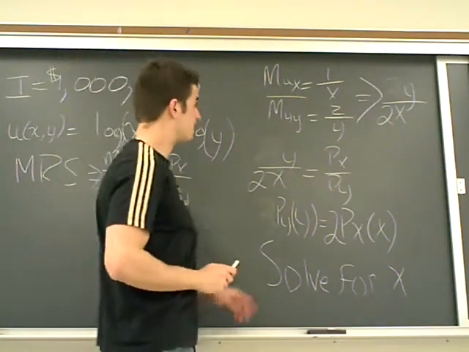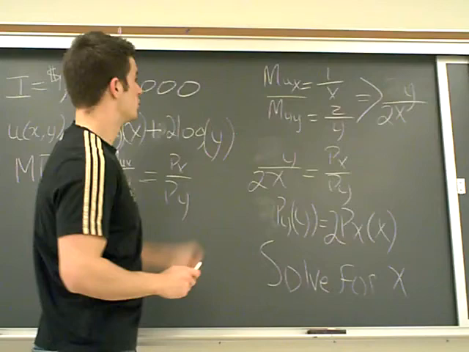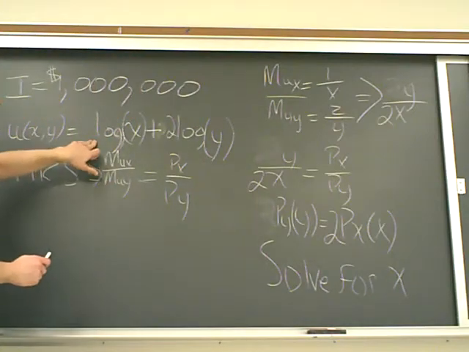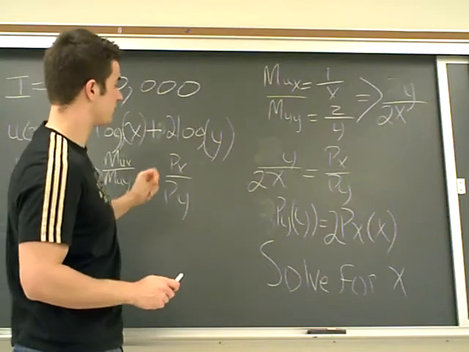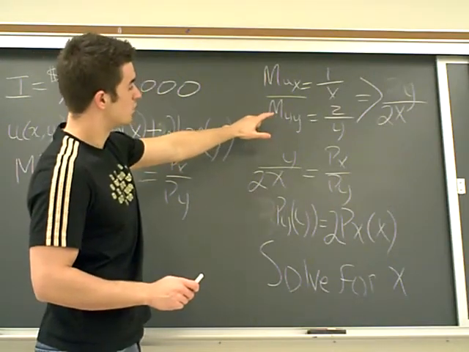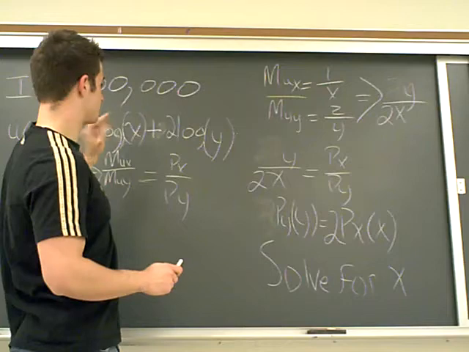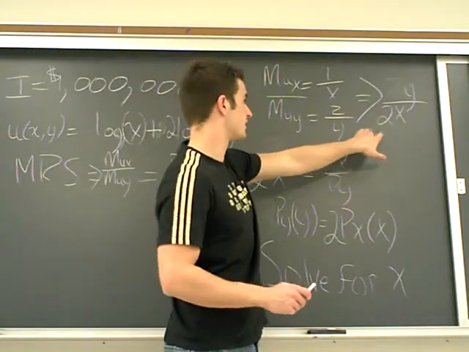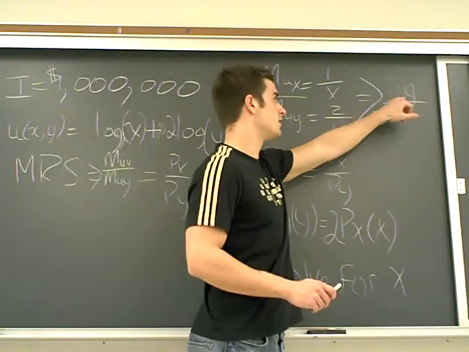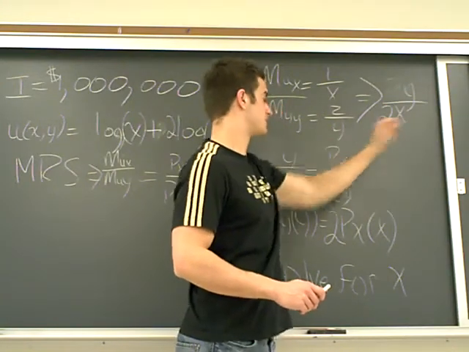First, we find the marginal utility of x, which is the derivative with respect to x, 1 over x. We find the partial derivative with respect to y, which is 2 over y, and then MUx over MUy. With some algebra, it simplifies to y over 2x.